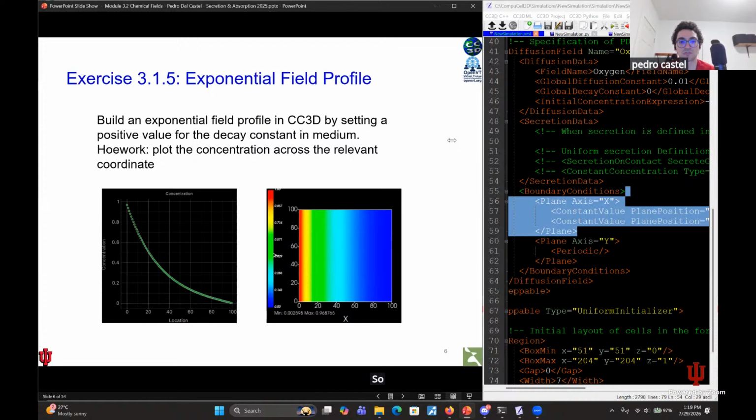So for the exponential field profile, you set a decay coefficient.